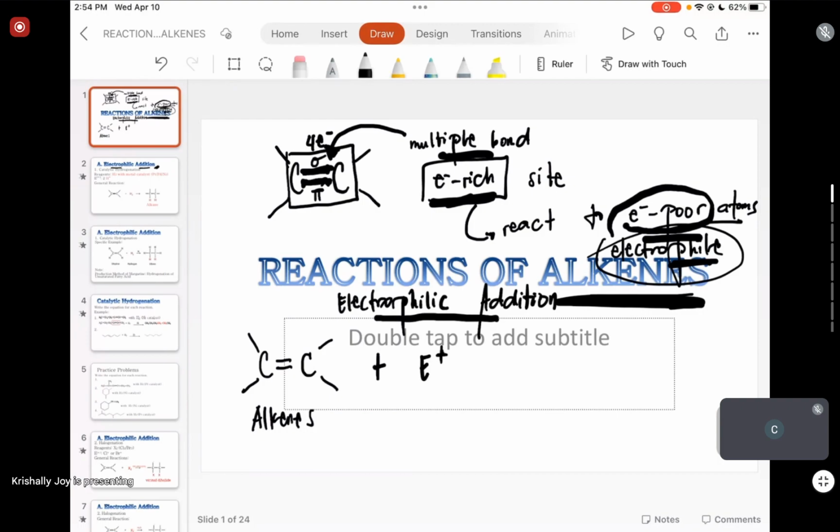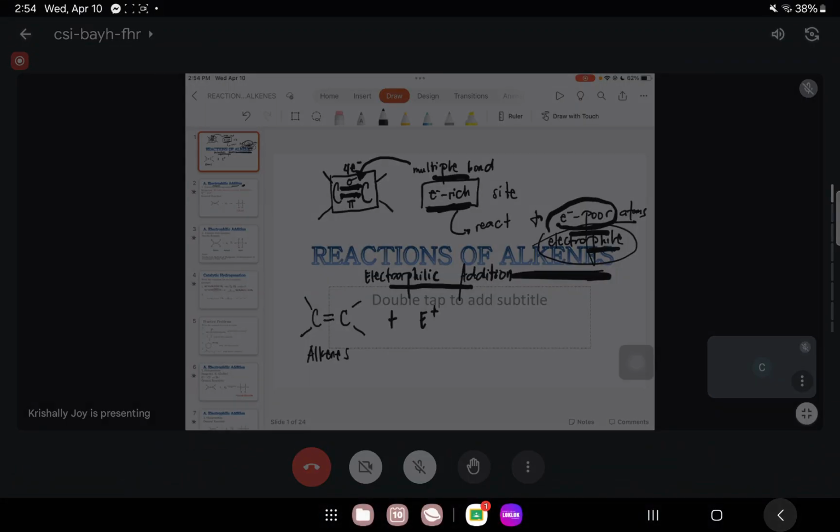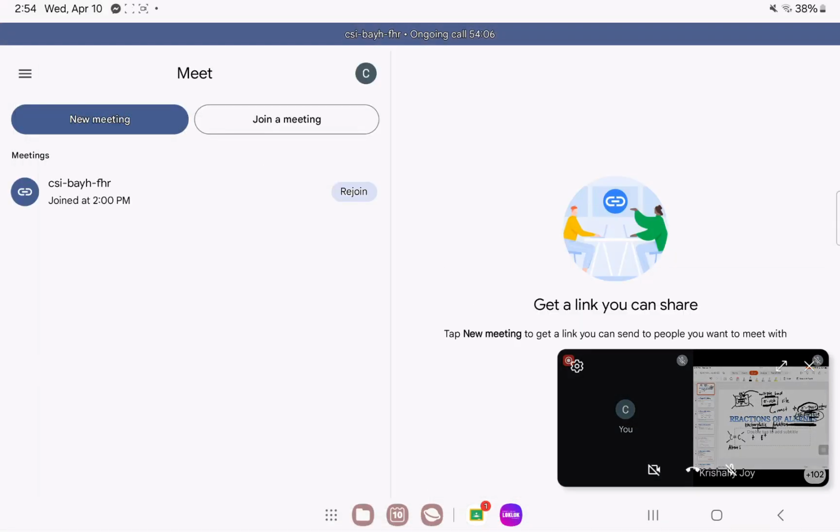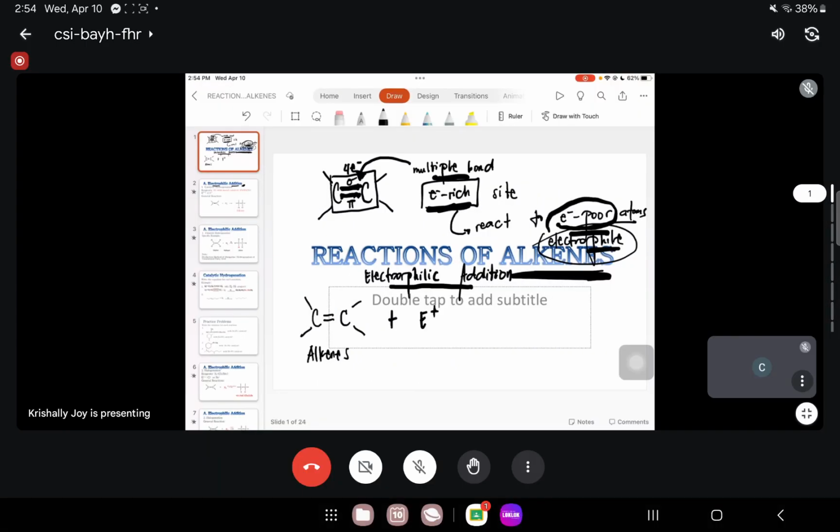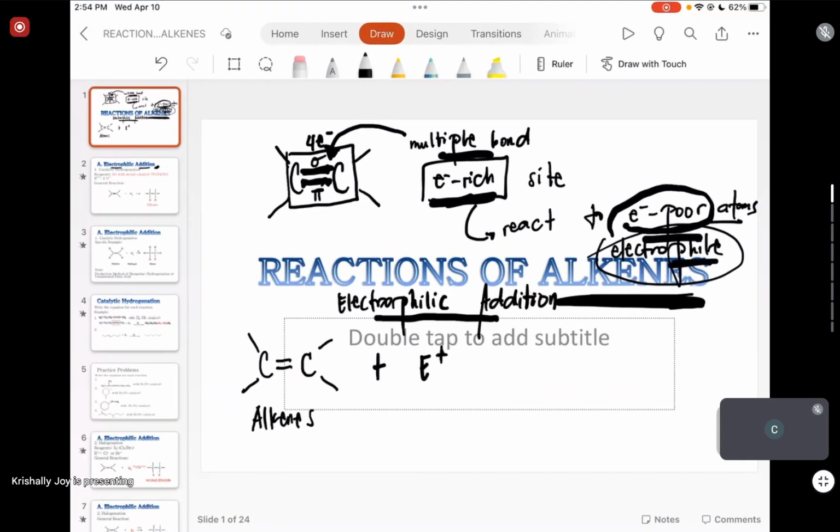Class, kung chemical reactions gani ang topic, ang concept, you go back to the definition ng functional group. 'Di ba? Kung i-define nato ang functional group, it is the part of the molecule where most of the chemical reactions occur. So kung magstorya ta og reactions ng alkenes, tanan niya chemical reactions mahitabo ra gyud diri sa iyang functional group.